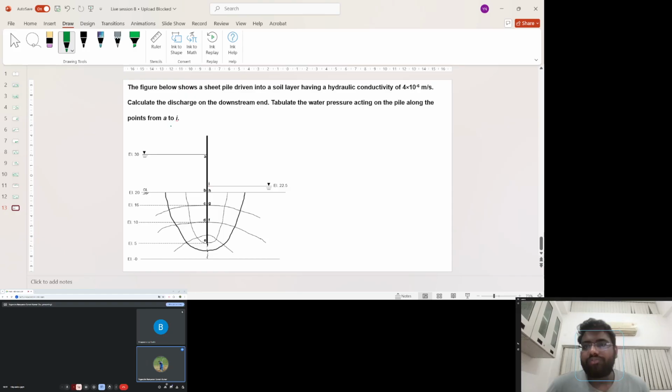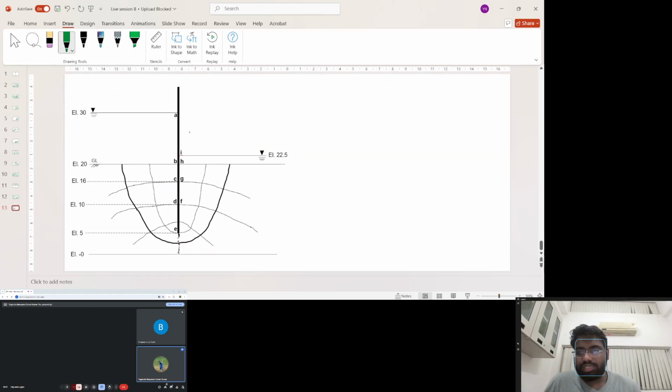Here the figure below shows a sheet pile driven into a soil layer having a hydraulic conductivity of 4 into 10 power minus 6 meter per second. Calculate the discharge on the downstream end. Tabulate the water pressure acting on the pile along the points from A to I. If you zoom the picture a bit, you can see several points listed from A all the way to I.